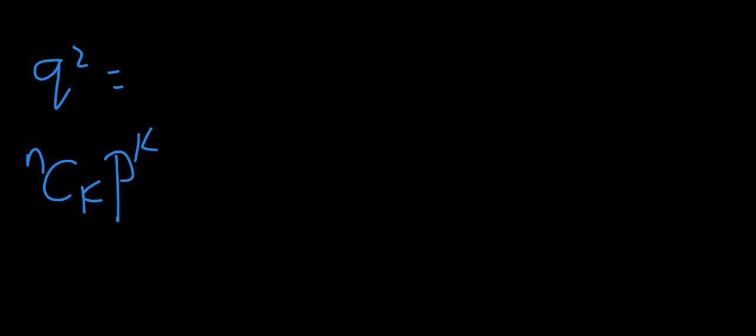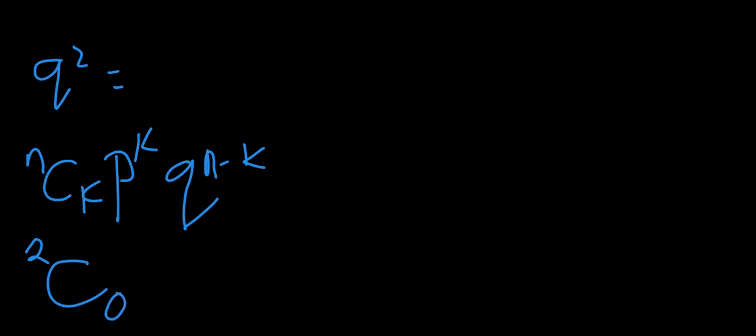Now from the first value we have q squared. Now subbing in from our formula, n choose k, p to the power of k, q to the power of n minus k. Now subbing in our values, we know that n is always 2, which is the number of trials. k in this case, which is the number of outcomes, is 0.